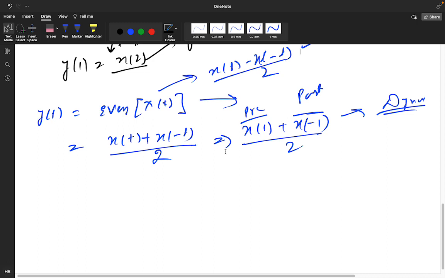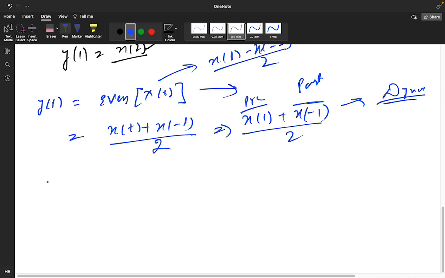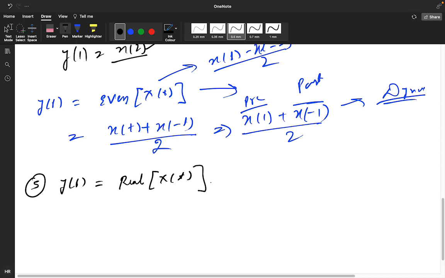Okay. Now the second one is the fifth question. So y of t is equal to real of x of t. Real signal was discussed in the conjugate symmetry and anti-conjugate symmetry. So a real signal will always be symmetric.